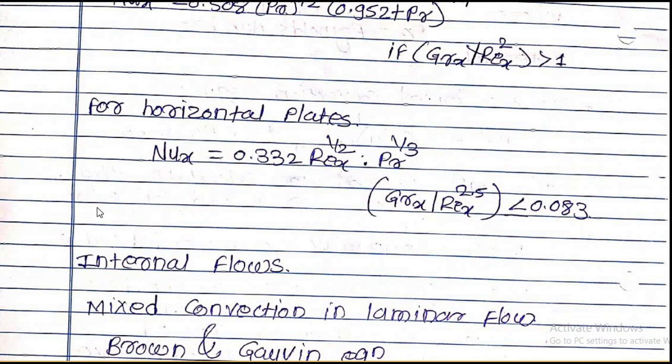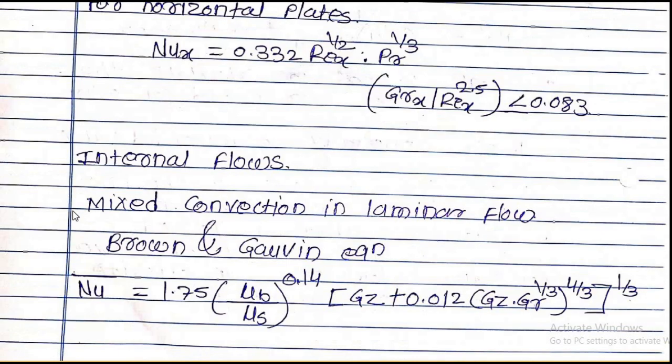Now next, in case of internal flows, we have to consider another equation. If there is mixed convection in laminar flow, that is nothing but a combination of natural and forced convection, and this convection happens in laminar flow only, then we have to use the Brown and Gohvin equation.